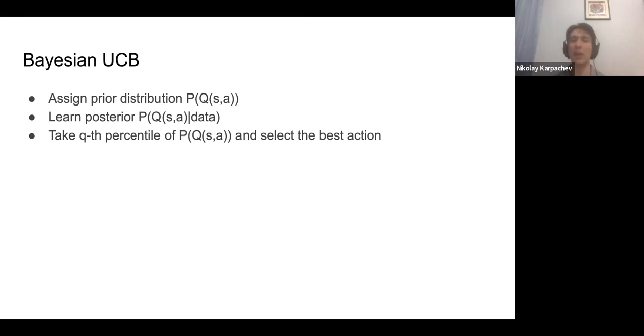We assign a prior distribution over Q values for each action, and then we use this prior and our data to learn the posterior distribution over Q value for each action. Then we take the Qth percentile of this posterior distribution and select the best action based on this percentile, the same way as in simple Bayesian statistics.